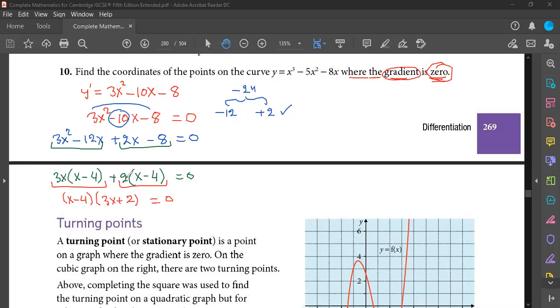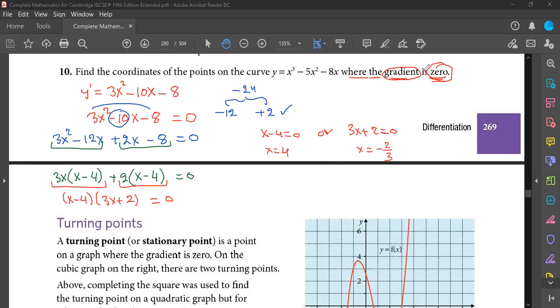So either x minus 4 equals 0 or 3x plus 2 equals 0, meaning x equals 4 or x equals minus 2 over 3.